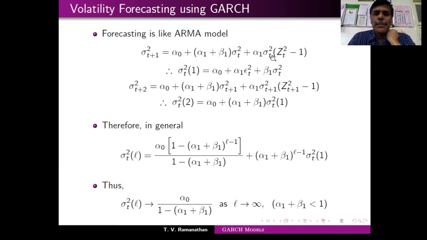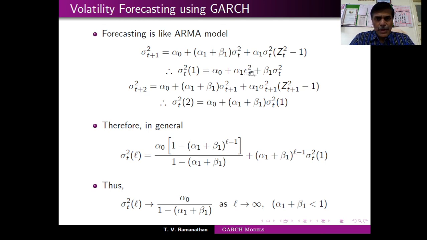This is exactly like ARMA forecasting. If you have the value of sigma_t square obtained earlier at time point t, we can substitute it here and get sigma_{t+1} square. That is what it is. I have replaced it with sigma_t square over here. This can be obtained from here, beta_1 sigma_t square. The expectation of this is 0, so that is why alpha_1 sigma_t square remains.